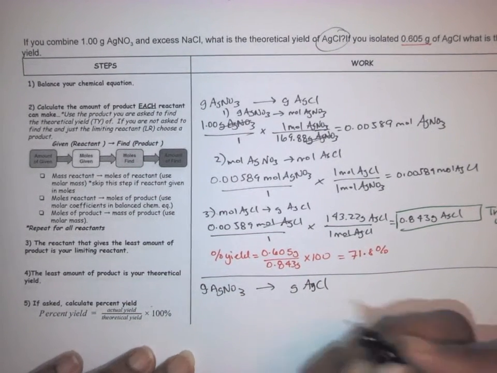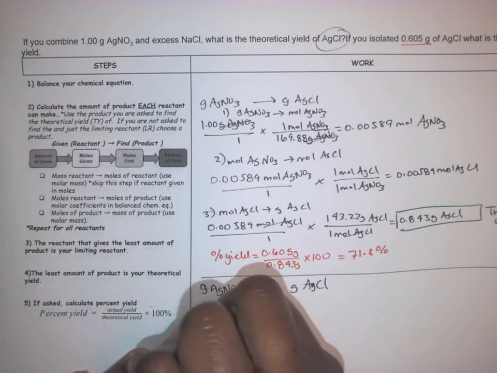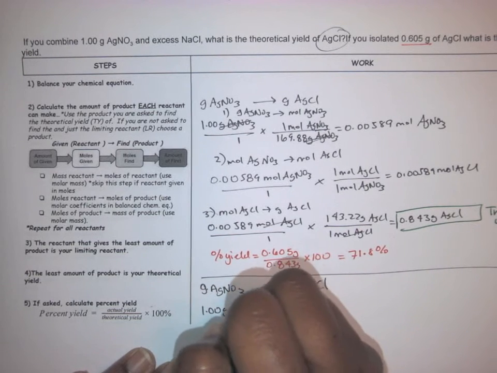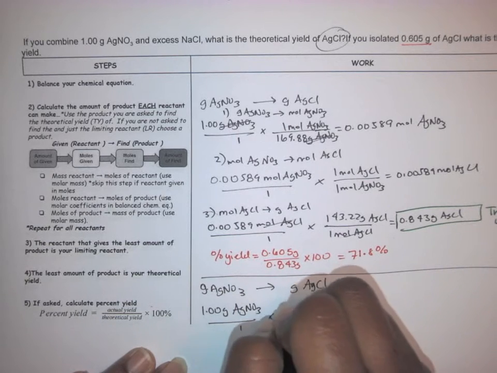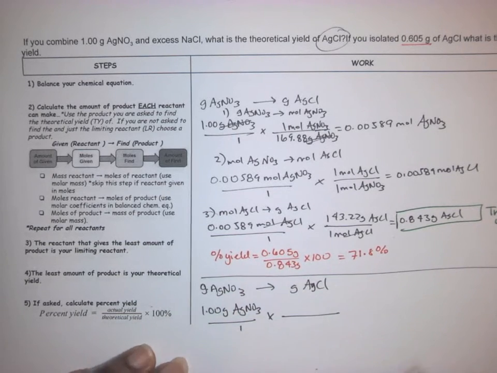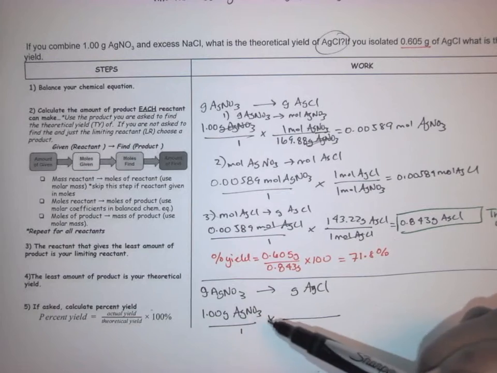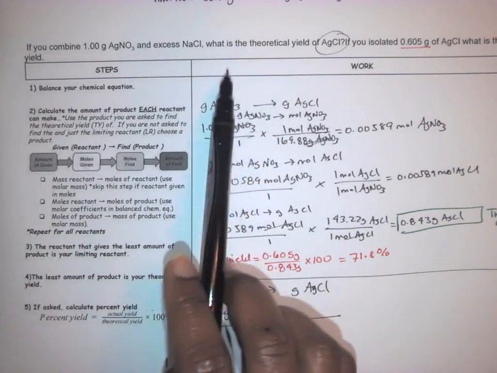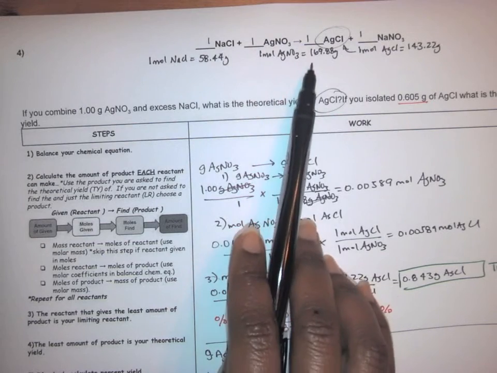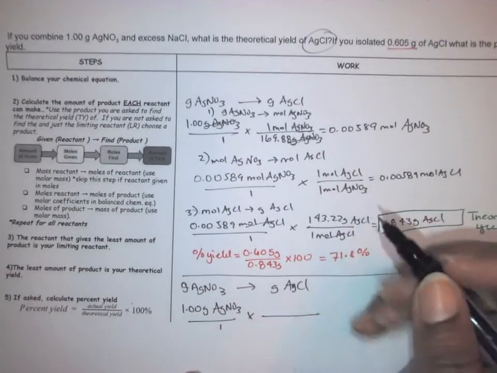All right, so we're going to start with 1.00 grams of AgNO3. Now I want to convert from the grams of AgNO3 to its moles. So from grams to moles, I need to use the molar mass, which I have up here. It's 169.88 grams.